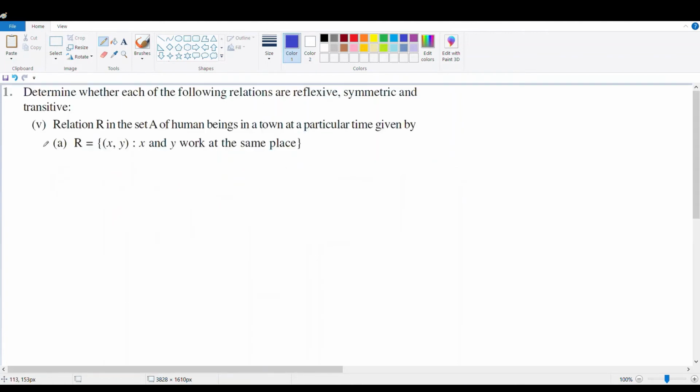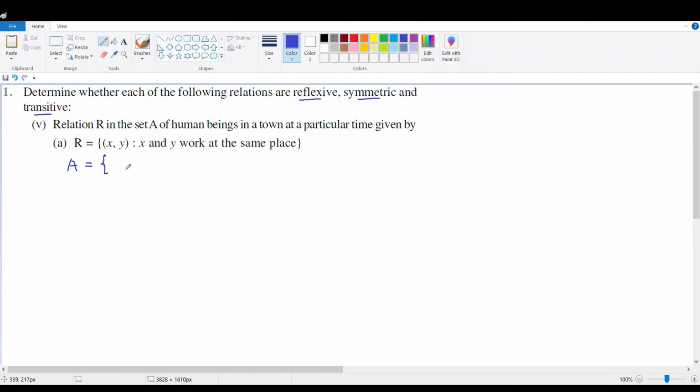Now, the fifth part in that question: you are given a relation R in the set A of human beings in a town at a particular time. R equals x, y, where x and y work at the same place. We need to check this for reflexive, symmetric, and transitive relation. So first, your set A is what?